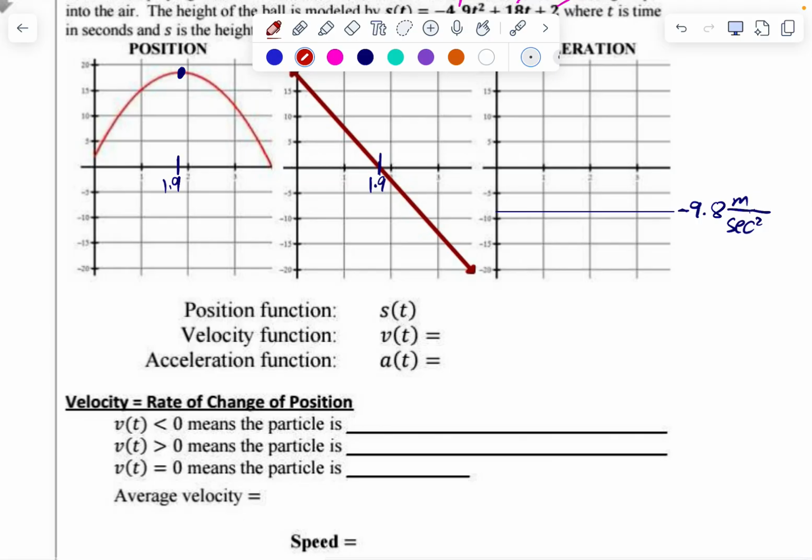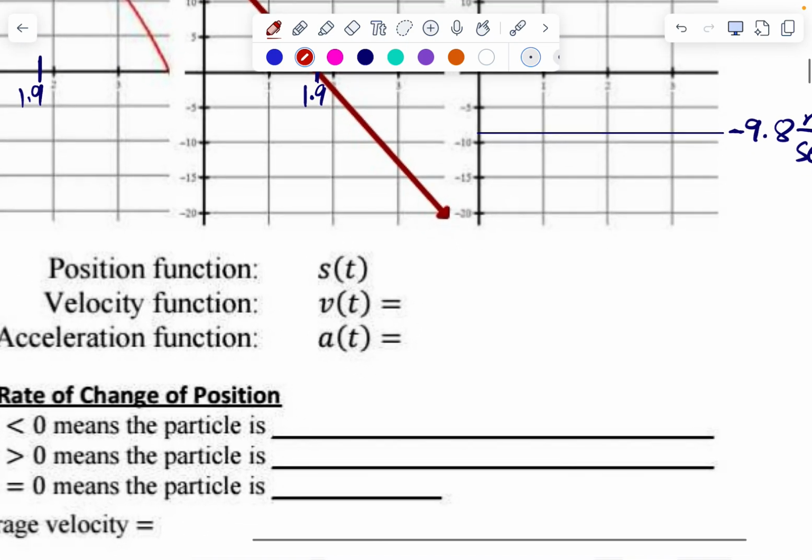Or sometimes you'll be given it differently as X of t, but the standard is S. Those of you who've taken physics, do you remember that? You're kind of like, why? But okay, velocity. Velocity is the first derivative of position.